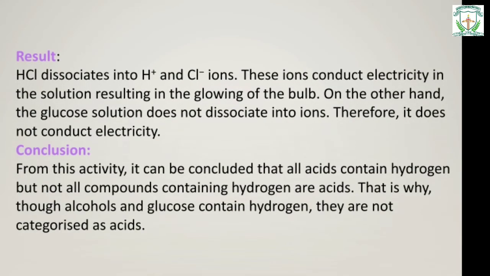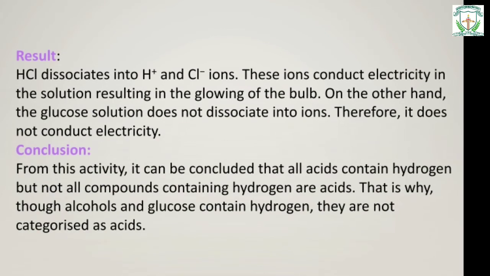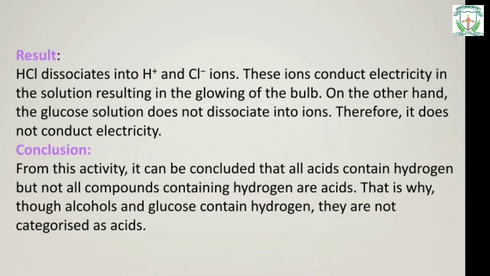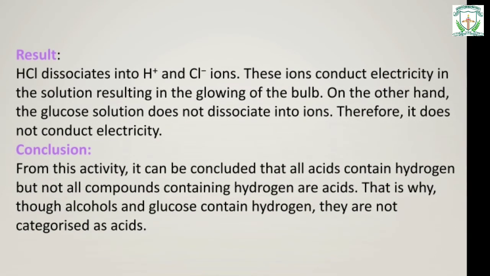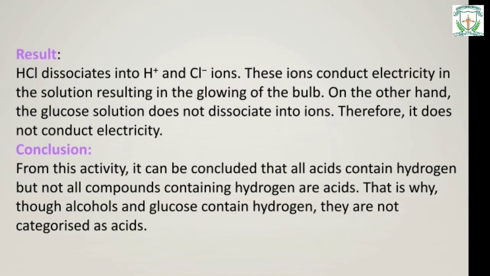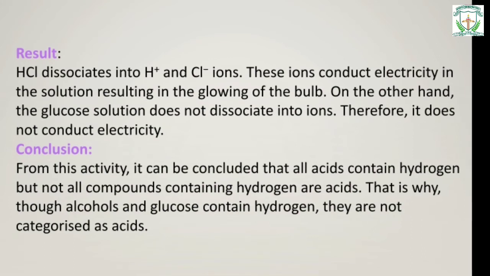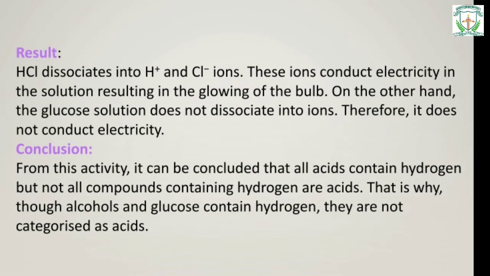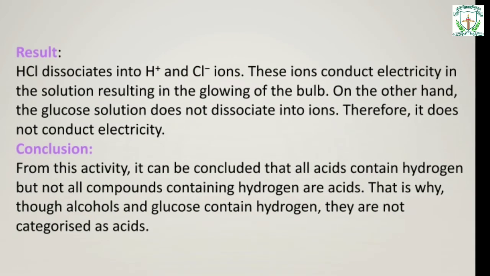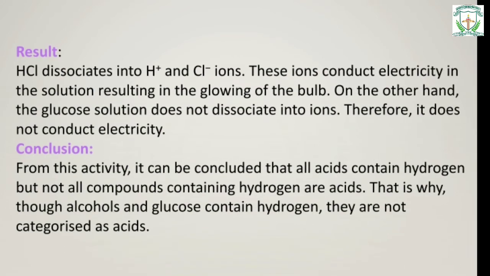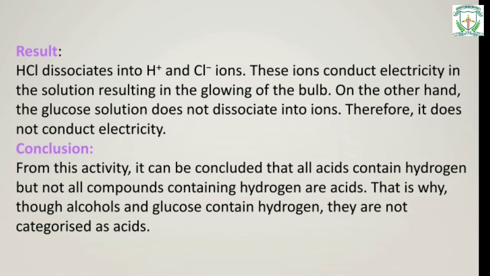From the above experiment, hydrochloric acid dissociates into H plus and Cl minus ions. These ions conduct electricity in the solution, resulting in the glowing of the bulb. On the other hand, the glucose solution does not dissociate into ions.